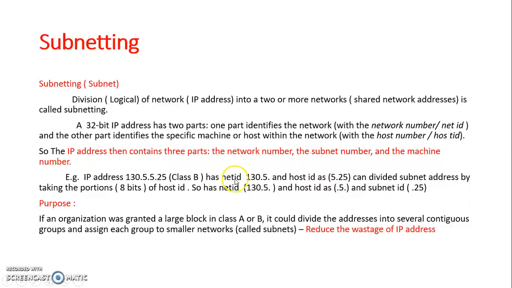So we have the net ID as such, the host ID as this 5, and the subnet ID as this 25. The purpose of dividing the organization network into shared network addresses is that it reduces the wastage of IP addresses. By getting separate IP addresses, we use them fully in an efficient manner.